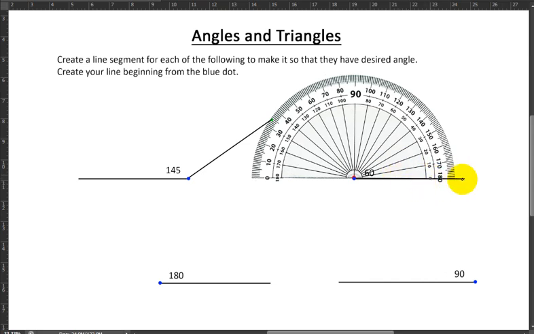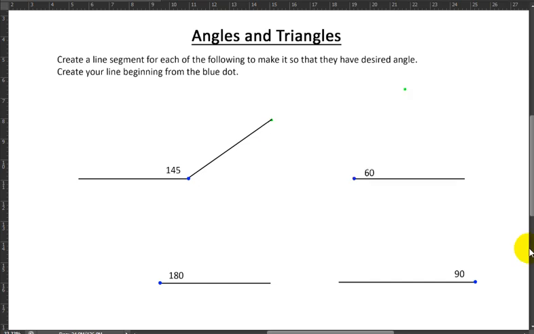We're going to start from here because this is the side that's touching, and go 0, 10. We're going to go 60. 60 is exactly here on this line. So I'm going to put a dot here. I'm going to remove the protractor and draw a line from the starting point to my green dot. And there we go. We have a 60-degree angle.